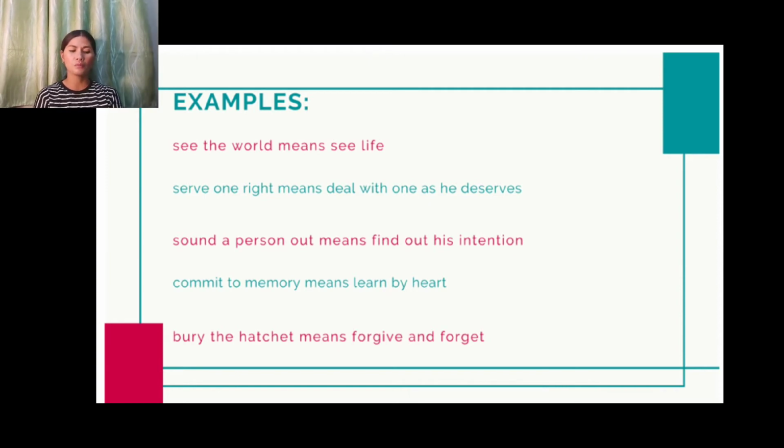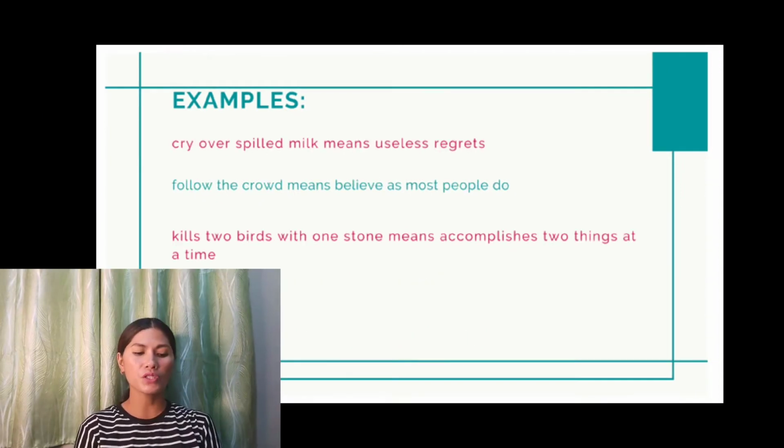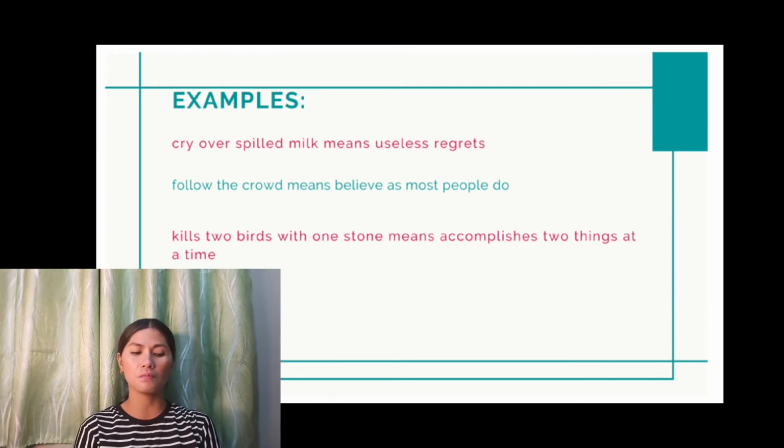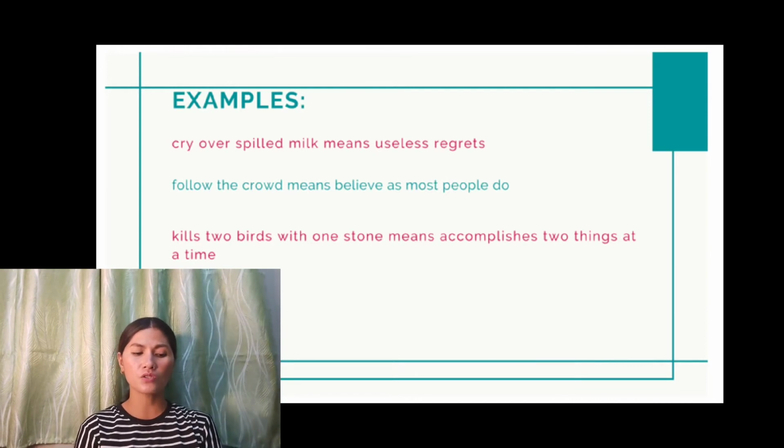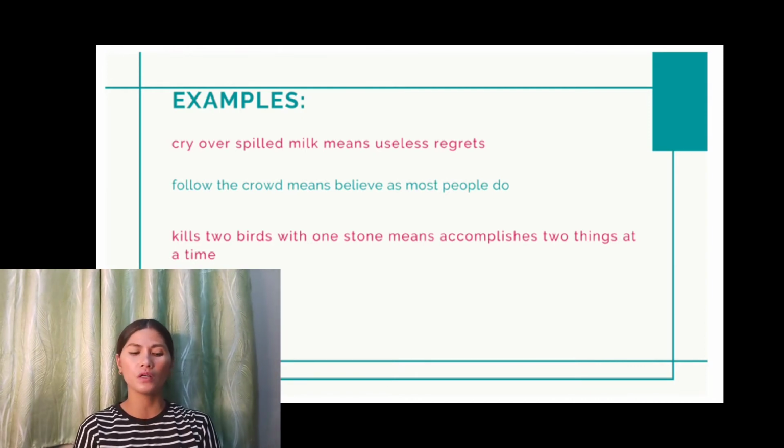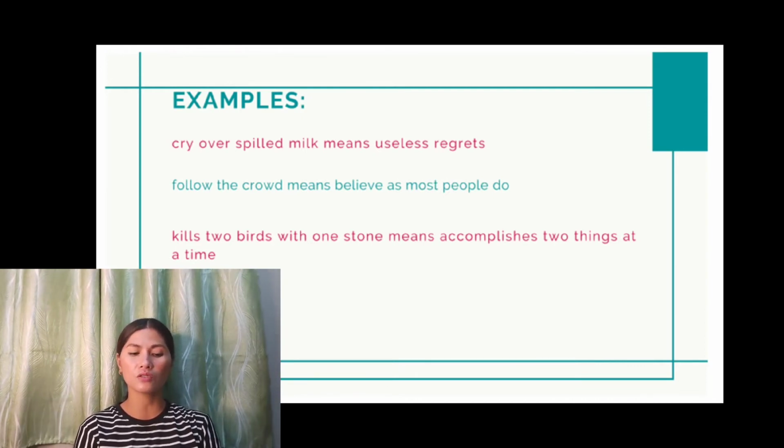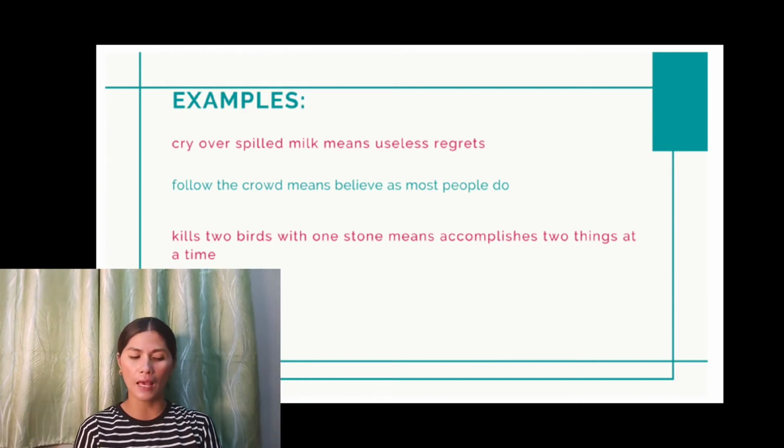Commit to memory means learn by heart. Bury the hatchet means forgive and forget. Cry over spilled milk means useless regrets. Follow the crowd means believe as most people do. Kills two birds with one stone means accomplishes two things at a time.